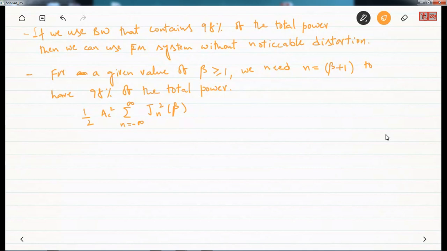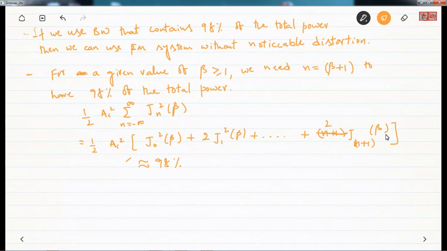So in this, if I consider N equal to beta plus 1, that is, half Ac square into J naught of beta plus 2 into, and so on, up to N plus 1, here it should be 2 again, 2 into J n plus 1 of beta, this gives me 98% of the power.